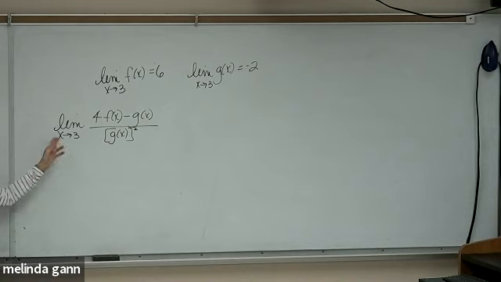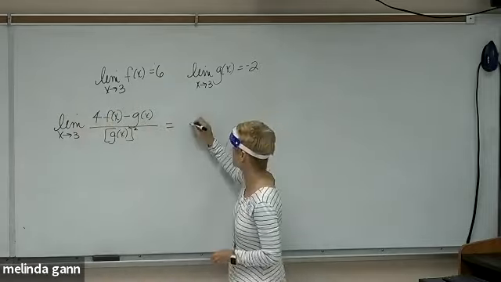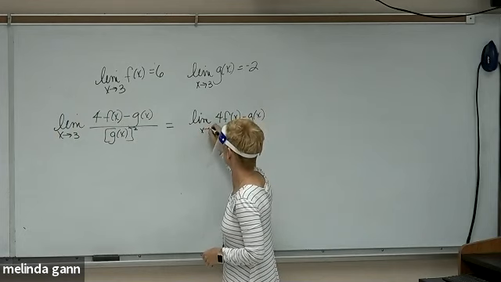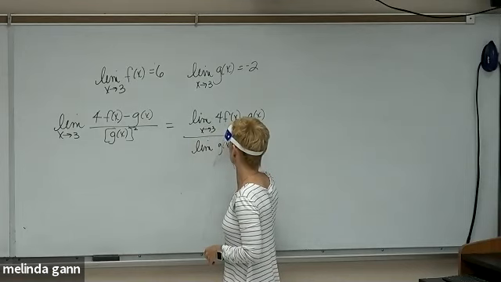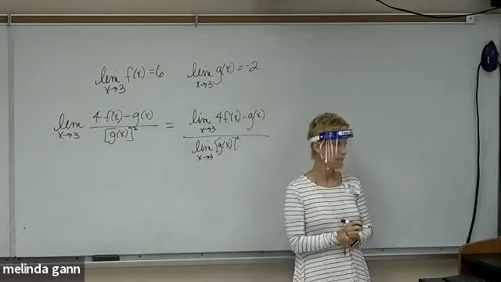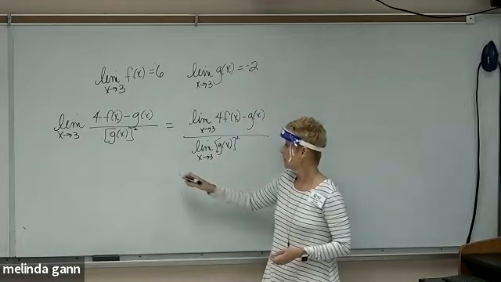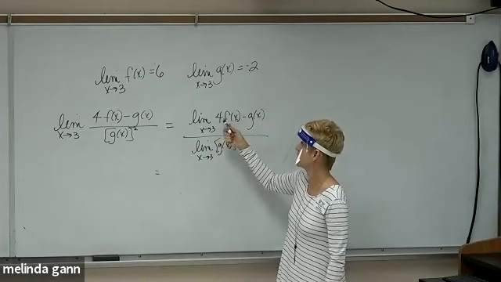Well, now I can't just go plugging numbers in because there's not a number what? To plug into. So I've got to go back to those limit rules, all right? One of your limit rules, the limit of a fraction, is the limit of the top over the limit of the bottom. Then again, I don't know what 4 times f of x is, so I can't just go plugging in a 3 there and saying 4 times 3.